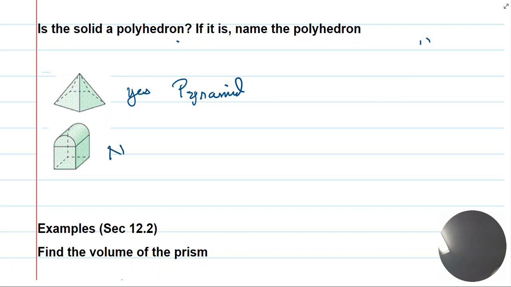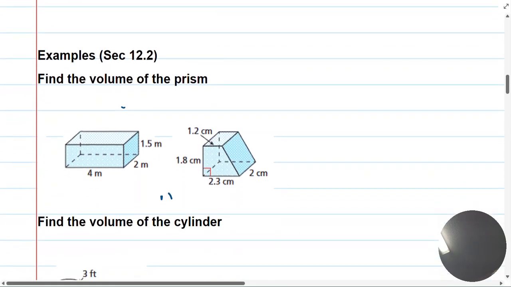No. This one has an edge, but this is not an edge. It is a curve. So this is a no. It is a composite solid. I'm sorry, I interrupted you. All edges and vertices and faces are two-dimensional, that we can stick on a graph. All right, that's a good question.